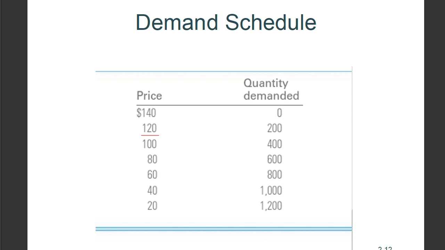This could be many different people demanding different quantities. These aren't necessarily the number of people, right? Some people could demand more than others. And as the price drops, more people come in and more units are demanded.